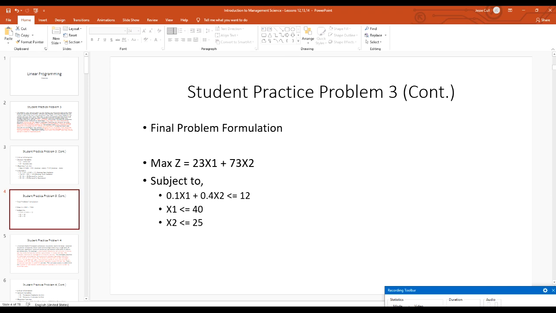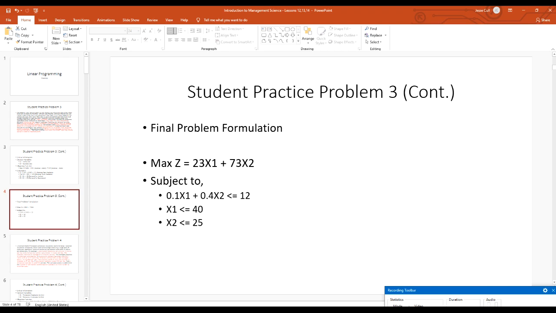However, we are subject to 0.1x1 plus 0.4x2 less than or equal to 12, which means 10% of our day for a home parking lot plus 40% of a day for a business parking lot, and we have less than or equal to 12 days to work.